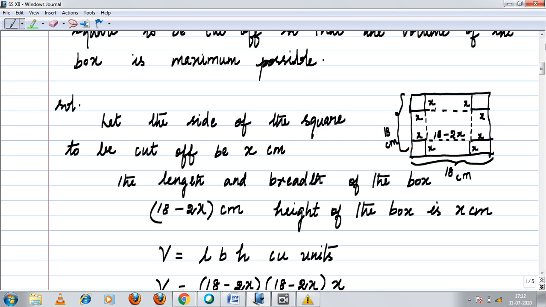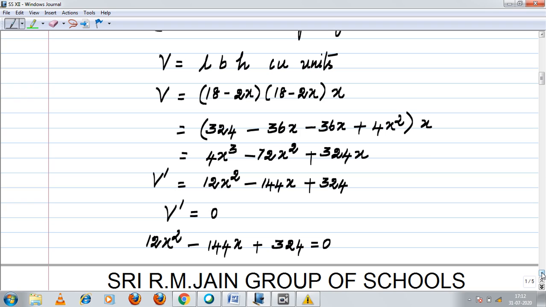It looks like a cuboid, so volume equals L into B into H. Then V equals (18 minus 2x)(18 minus 2x) into x, which simplifies to 4x cube minus 72x square plus 324x.